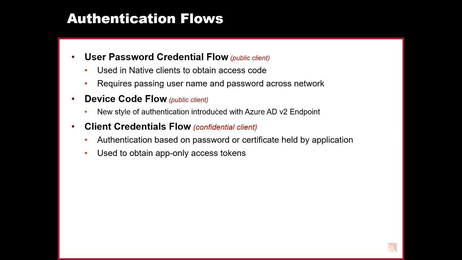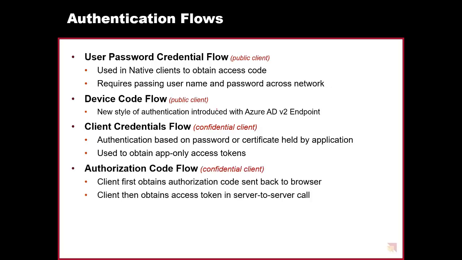There is a new authentication flow from Microsoft, the device code flow, that we're going to look at today. Also, there's the client credential flow. Remember, client means your application. So client credentials flow means I want to get an app-only token. All the other authentication flows we're going to look at authenticate as a user, so you'll have a user token, whereas client credentials flow gives us an app-only token.